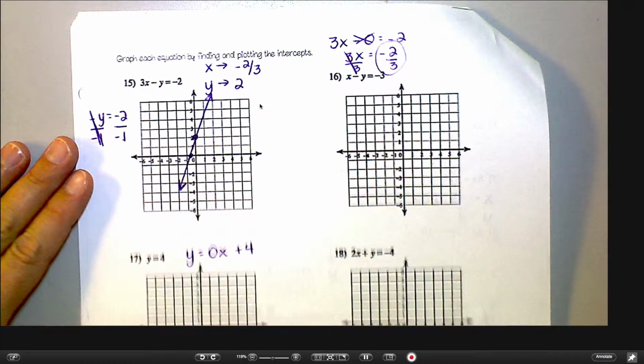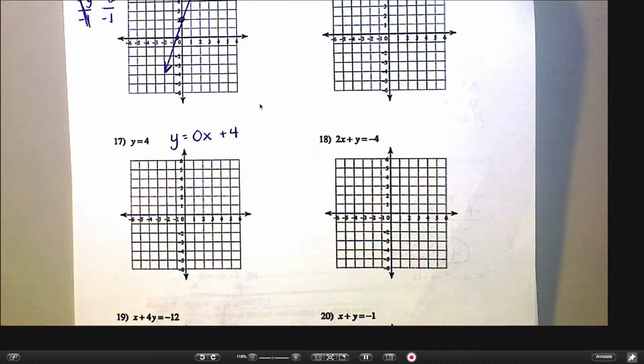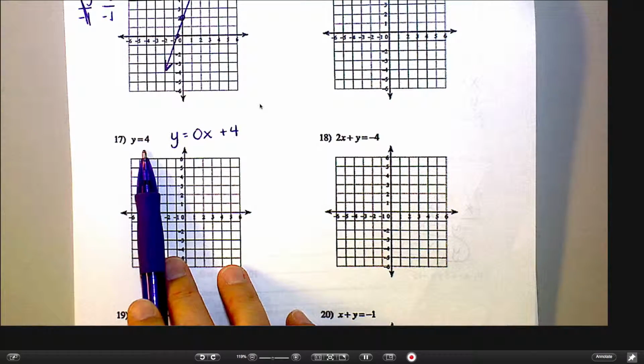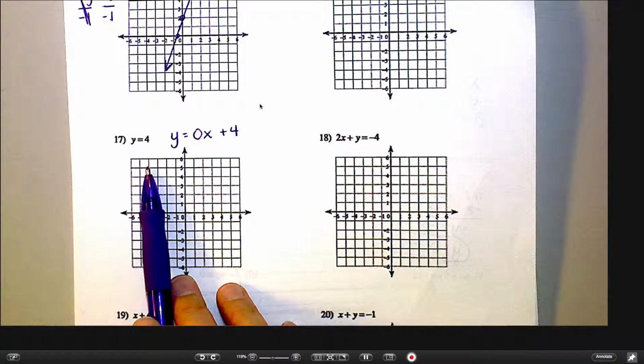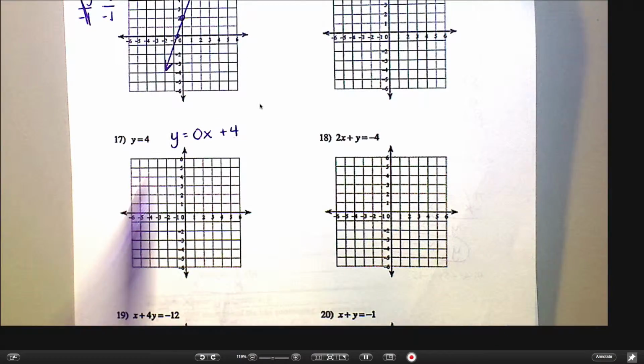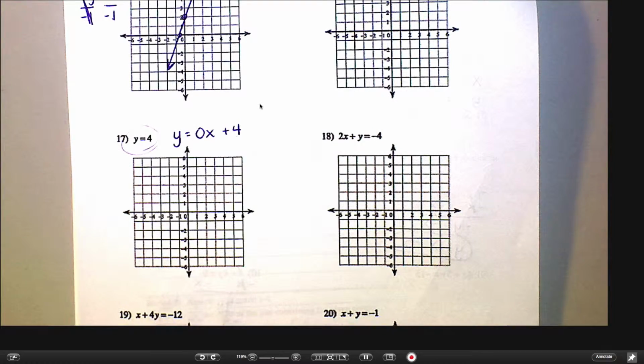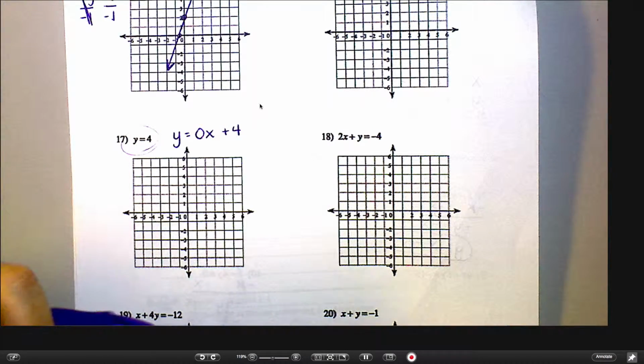Okay? Thinking about this from an intercept perspective, what do we know about the intercepts here? Turn to your neighbor. Figure out the x-intercept and the y-intercept of y equals 4 with your neighbor. Okay. Talk about your reasoning.